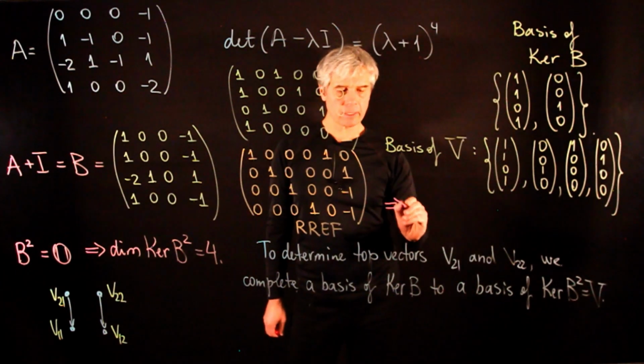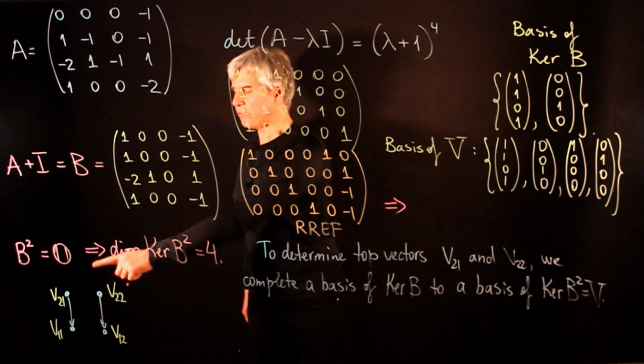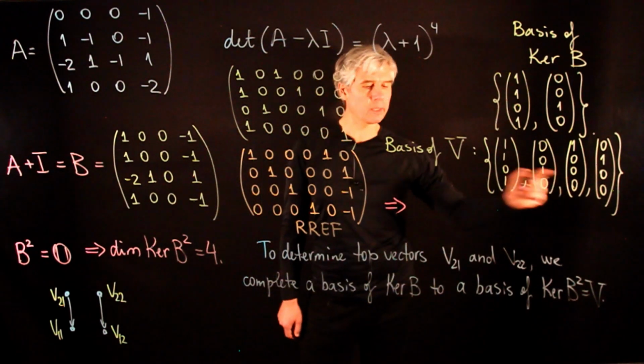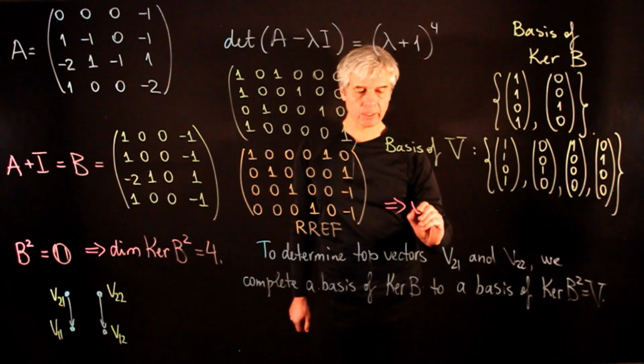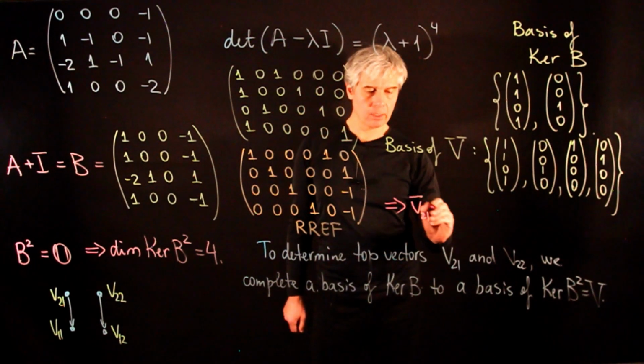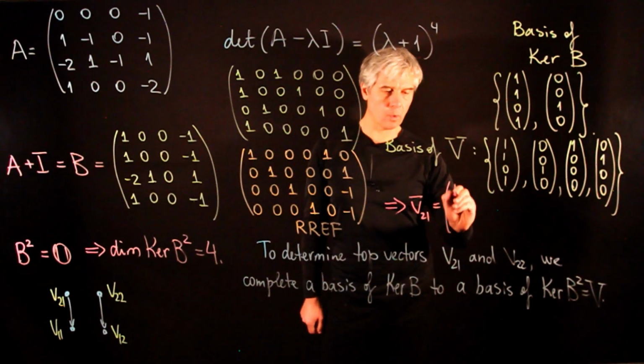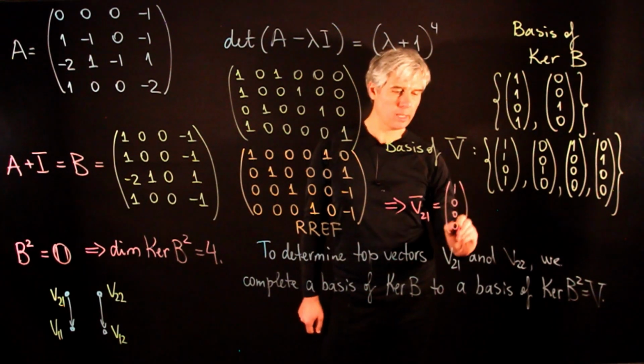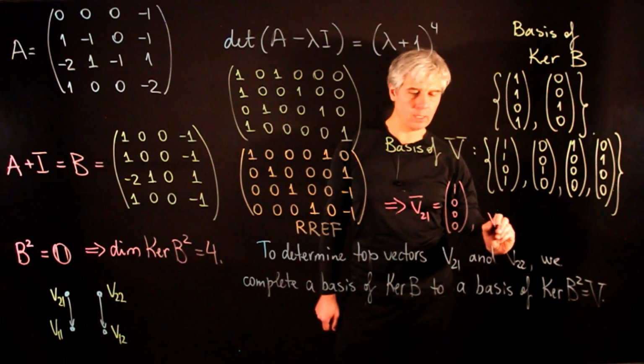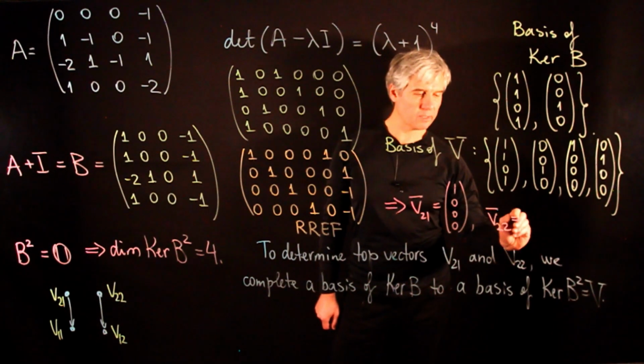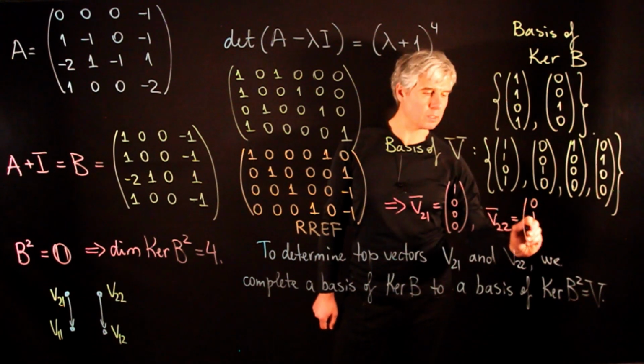This tells us that as our top vectors, we can choose E1 and E2. So our vector V21 is going to be the vector 1, 0, 0, 0, and the vector V22 is the vector 0, 1, 0, 0.